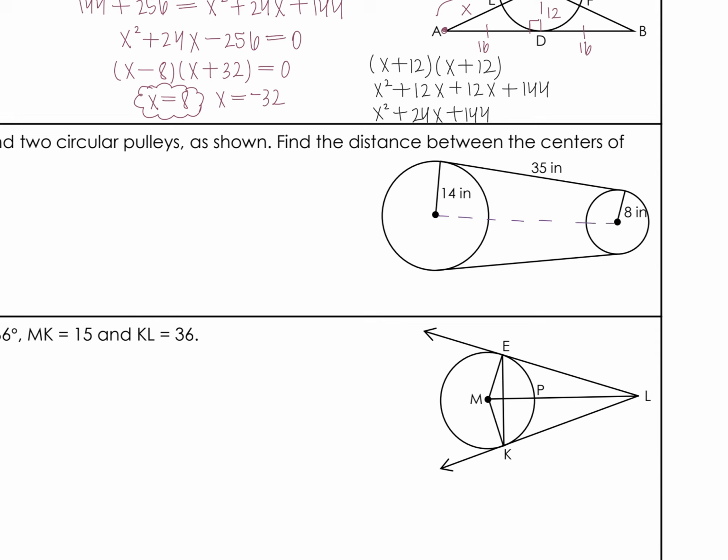And so what I want to keep in mind is that 35 inches here we can assume, and usually we wouldn't want to assume, I would put in the instructions somewhere in there that lines that appear to be tangent are tangent. But we can say that line is going to be tangent.